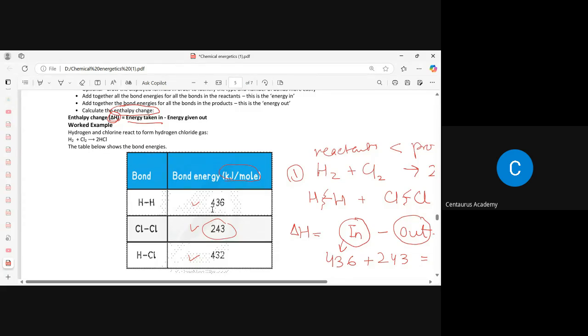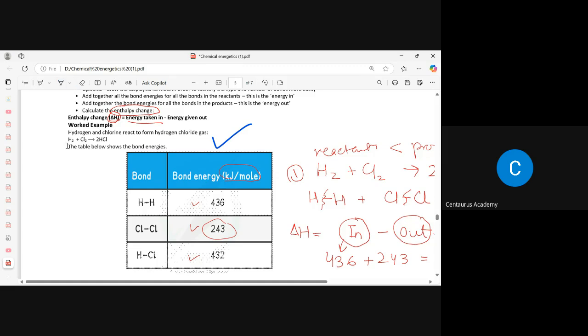They are either going to give you a scenario where they tell you all the bond energies for the relevant bonds for the question, and they will ask you to find the enthalpy change of the reaction.